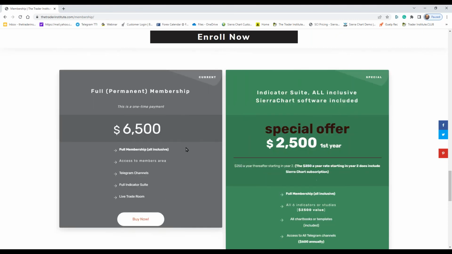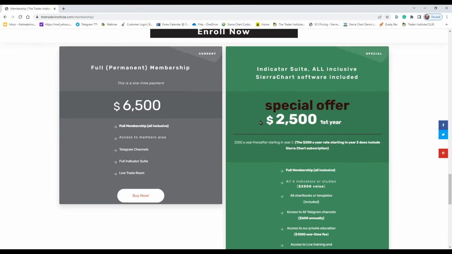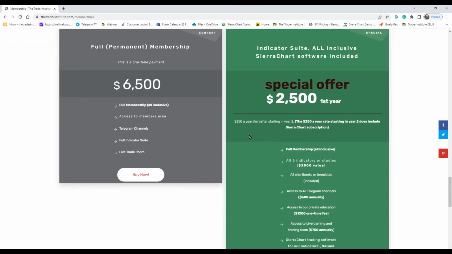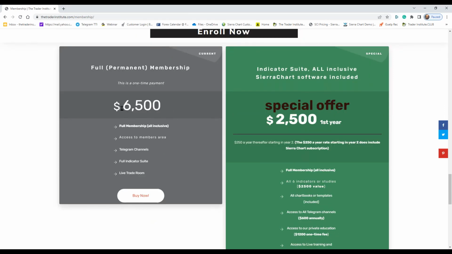The annual plan is $250 to support you. Remember, if you pay the 6,500, because so far all my students that are with me, this is the first time I'm offering this option. If you want to stay with me always on all of them, including the live trading room, then this is the price.